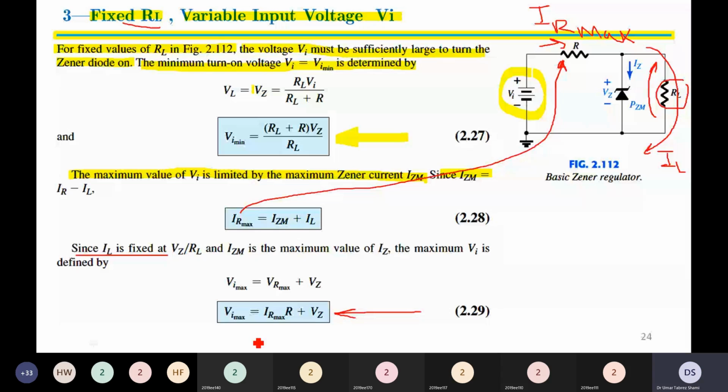So the maximum input voltage is equal to the maximum current flowing through R multiplied by the R value plus the Zener voltage. Equation number 2.29.